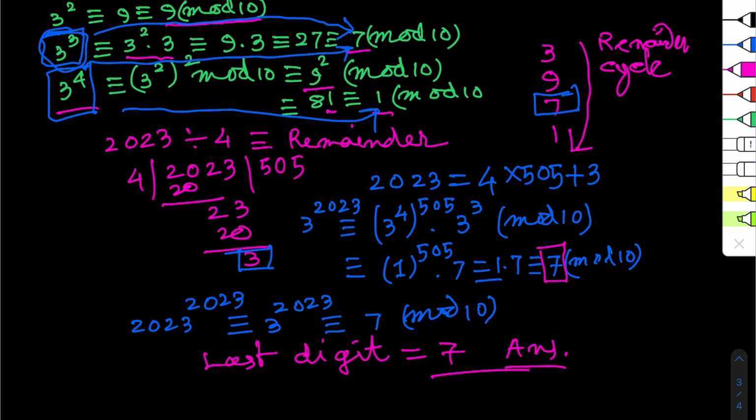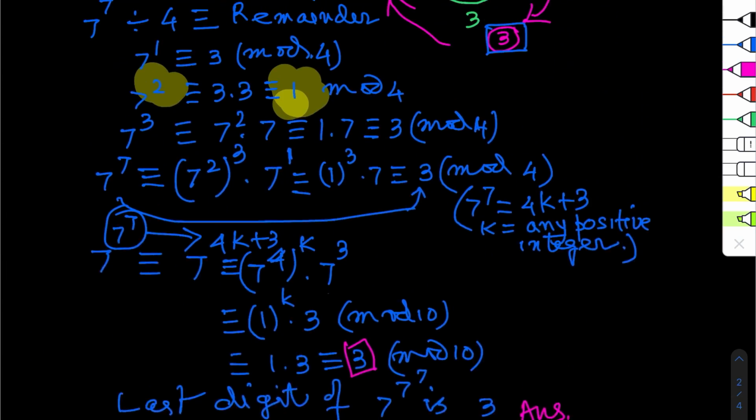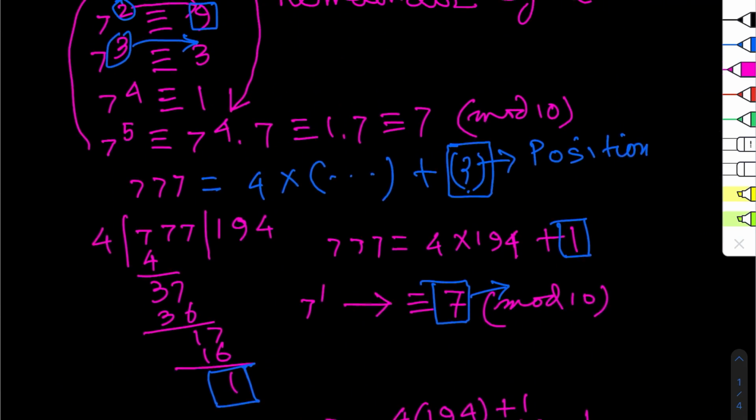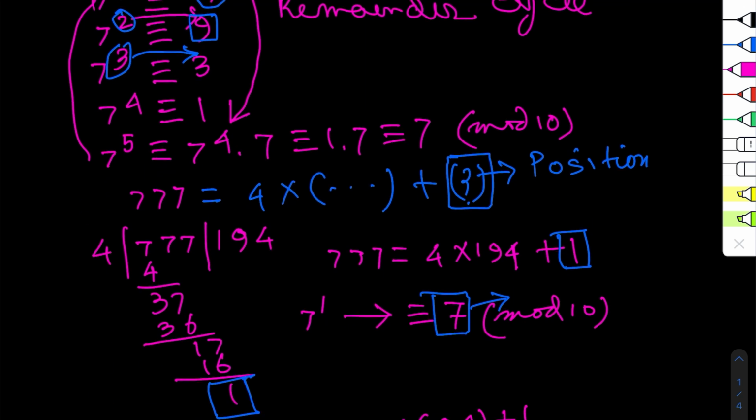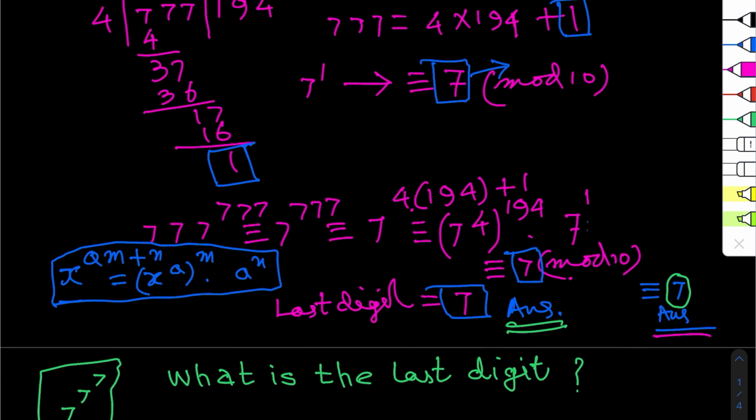Here we have found the last digit of 3 types of numbers. First, 777 to the power 777, and we get the answer 7. The last digit of 777 to the power 777 is 7.